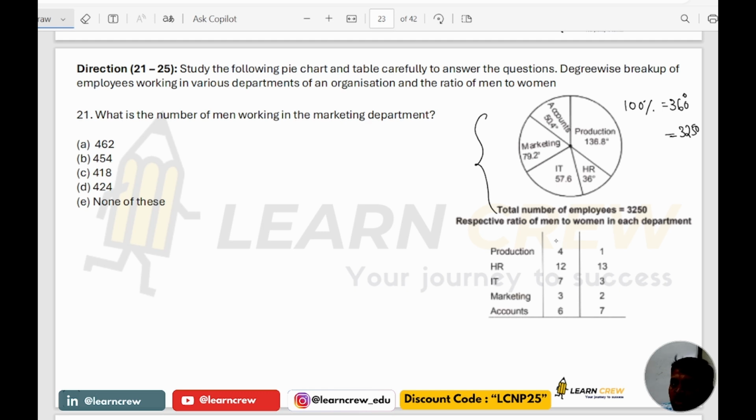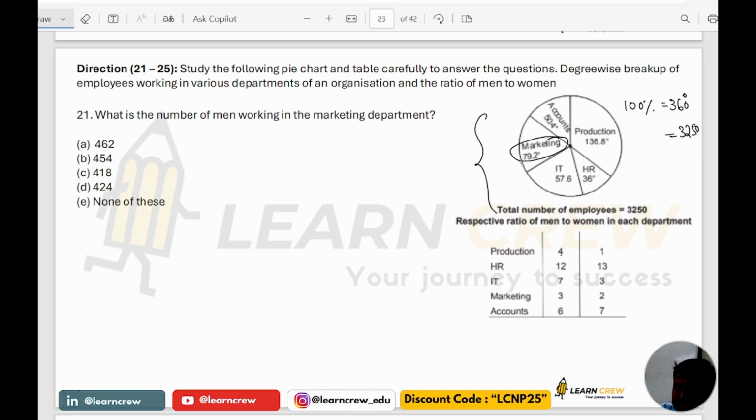Now what is the number of men working in the marketing department? So here the ratio of number of men to women is given 4:1, like that. Different departments: production, HR, IT, marketing, accounts. So here please understand this. Number of men working in the marketing department. Marketing department consists of total how many employees?